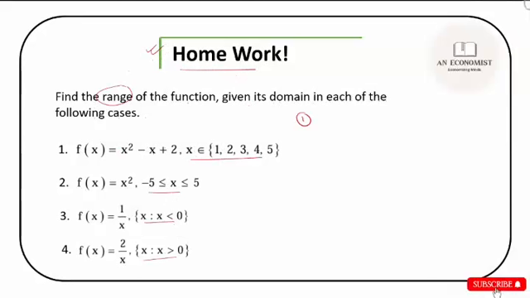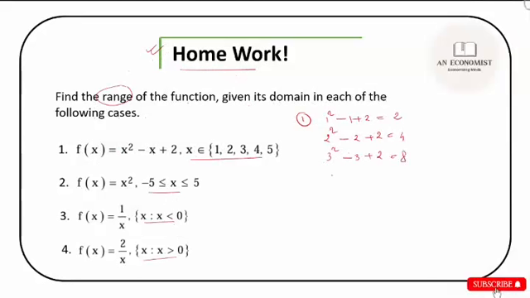So do that. 1 square minus 1 plus 2 is what? It's 2. Then you have 2 square minus 2 plus 2, so 4 minus 2 is 2 plus 2 is 4. Then you have 3 square minus 3 plus 2, so it will be 9 minus 3 is 6 plus 2 is 8.